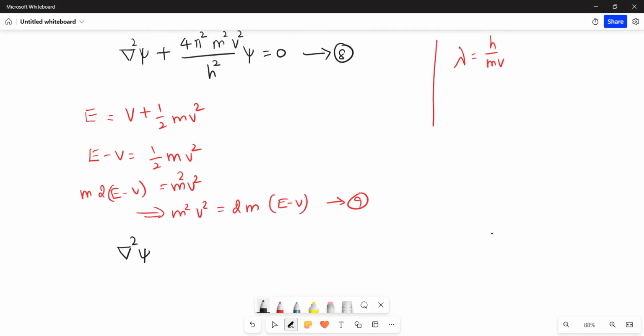Del square psi plus, take this 2 and 4, 8 pi square. Instead of this m square v square, you need to substitute all this. M by h square E minus V psi equivalent to 0.